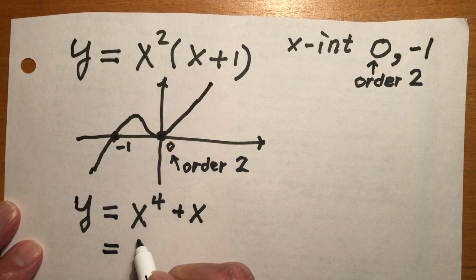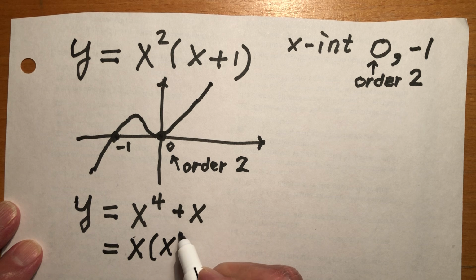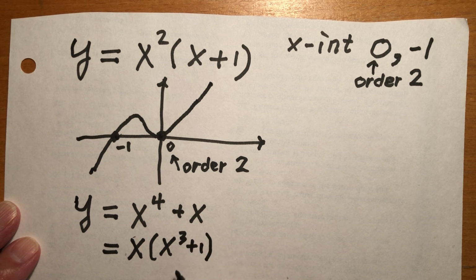So I can factor out x. This can factor further. This is a cubed plus b cubed, so a cubed plus b cubed can be factored.